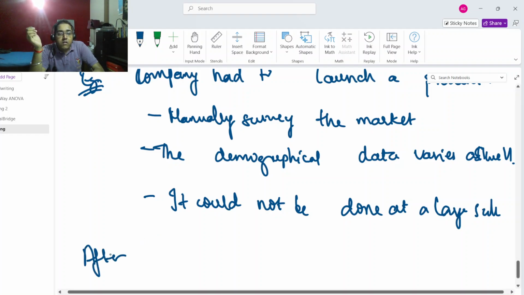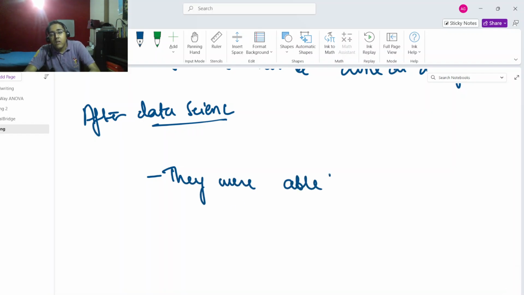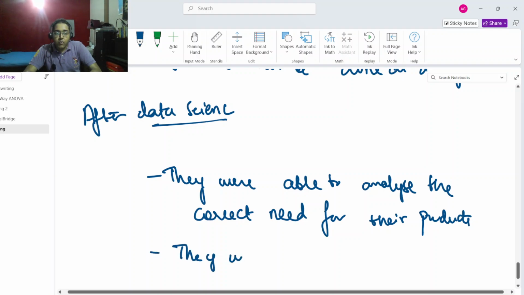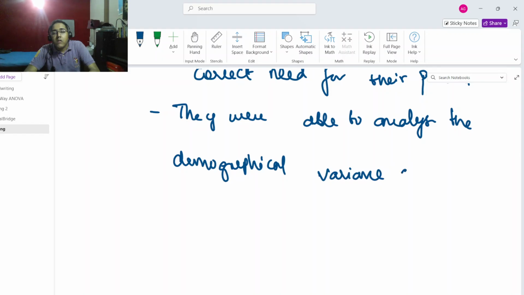After data science, businesses were able to analyze the correct need for their products. They were able to analyze the demographical variance as well.